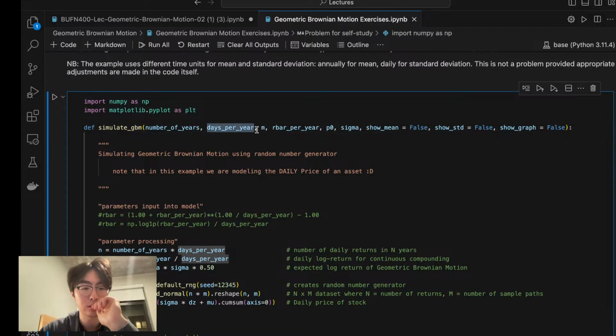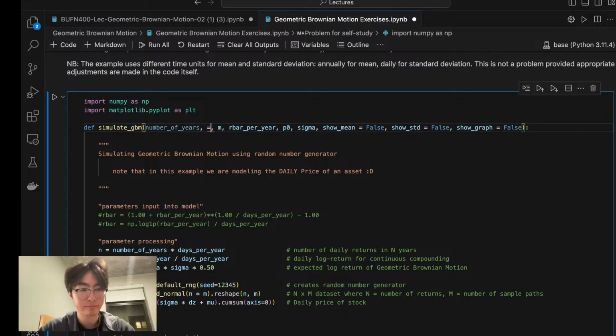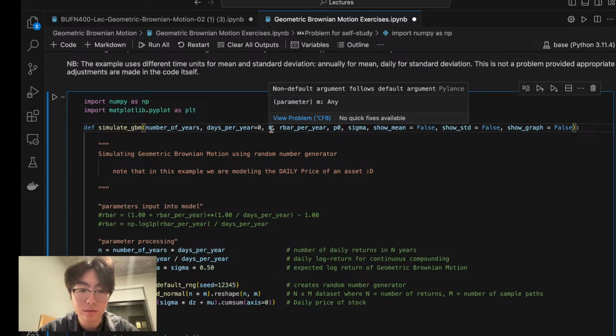Okay, so let's set this to default to 0. Non-default arguments follow default arguments.